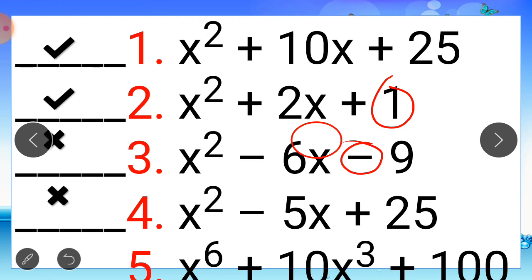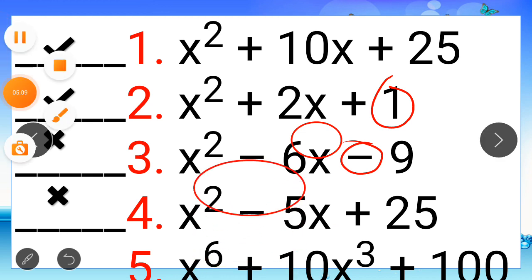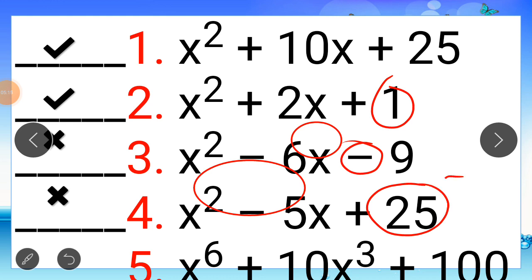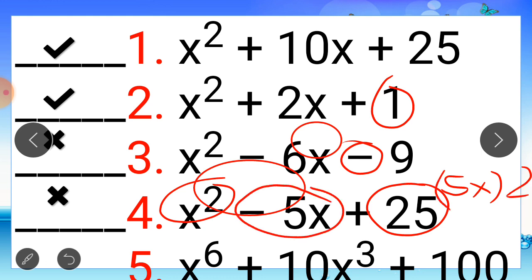Number 4 is also x, because the square root of 25 is 5. Square root of x squared is x, multiplied by 2, that is 10x, and the middle term is negative 5x, so therefore that is an x.